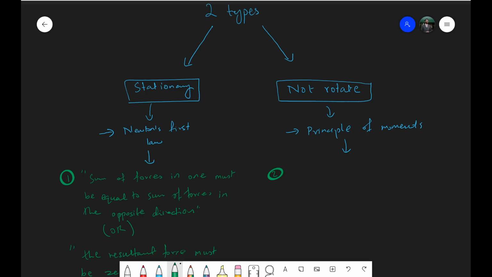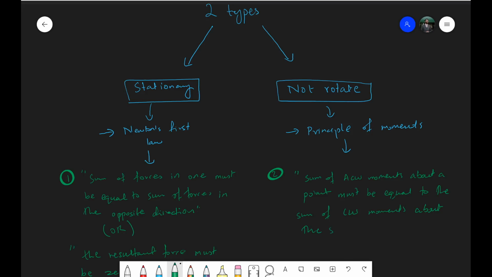That would be: the sum of anti-clockwise moments about a point must be equal to the sum of clockwise moments about the same point.